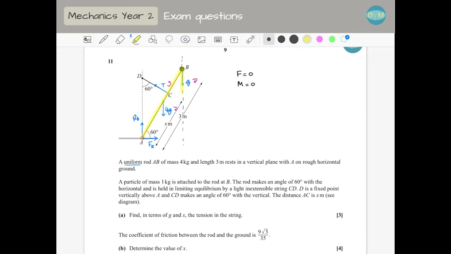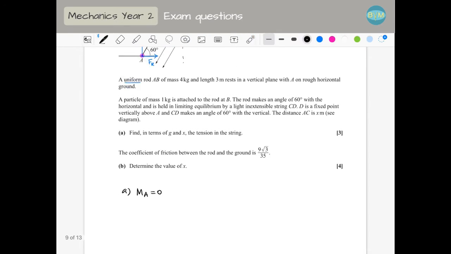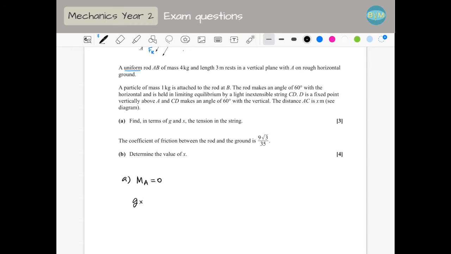If you look at this right angle triangle, this side is going to be hypotenuse times cos 60, because it's adjacent. The hypotenuse is the length of the rod, which is 3 meters. So this length is going to be 3 cos 60. So we write g, the force, times the distance, which is 3 cos 60.